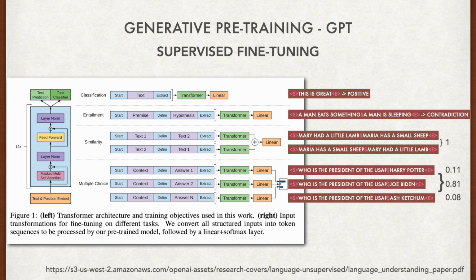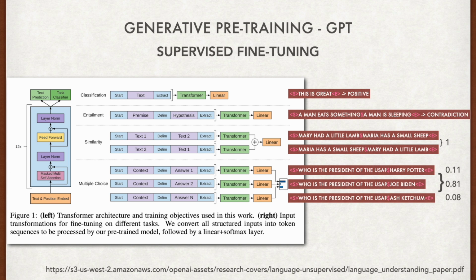For tasks in which we have pairs of inputs, like textual entailment, we have a premise and a hypothesis. We want to decide whether there is an entailment, contradiction, or neutral relation between these. We introduce an additional delimiter marking the end of the first input. Here we use the $ sign.